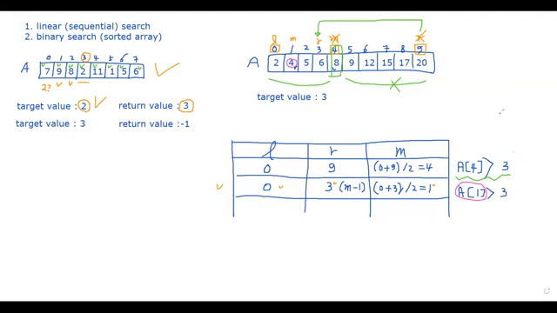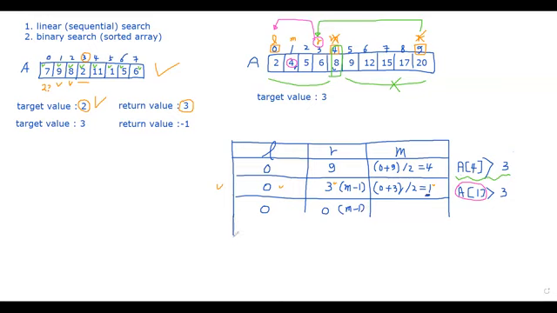Okay, so this time we should move right to mid minus 1. This is the case where left and right have the same value. So in this case, left is 0, and right will be 0 because of this calculation, m minus 1. m is 1, m minus 1 is 0, right?